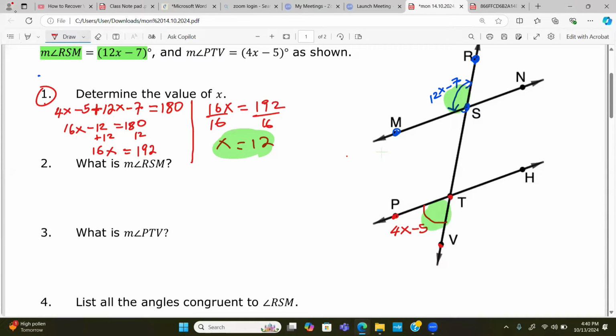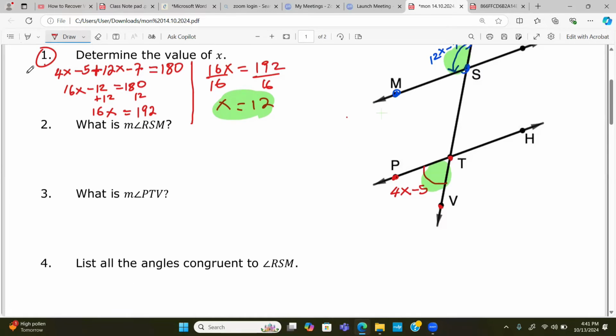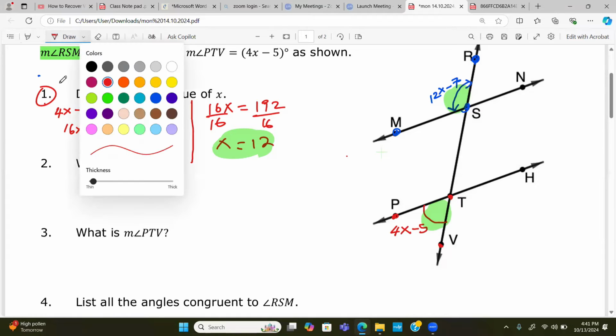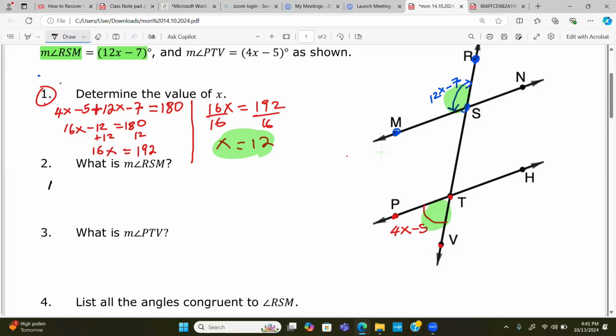Remember that we are linking ideas. Now, because we know the value of x is 12, the question went further and says, what is the measure of RSM? Let us represent RSM with the expression that we got. RSM was given as 12x minus 7. But bear in mind that we found out that x is 12.